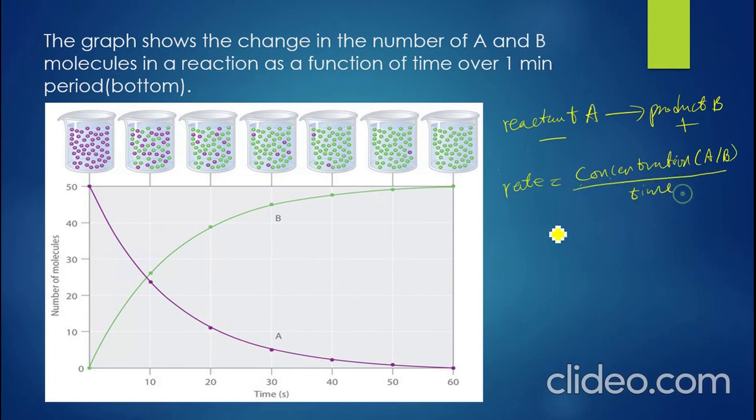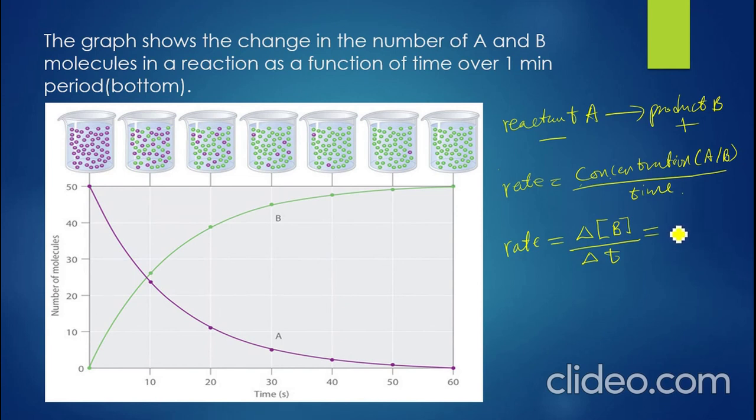Note that this can be written as rate is equal to the change in the concentration of the product over the change in time. So this one is for the product, where delta means change, and the square brackets mean the concentration of B, the product, over the change in the time taken.